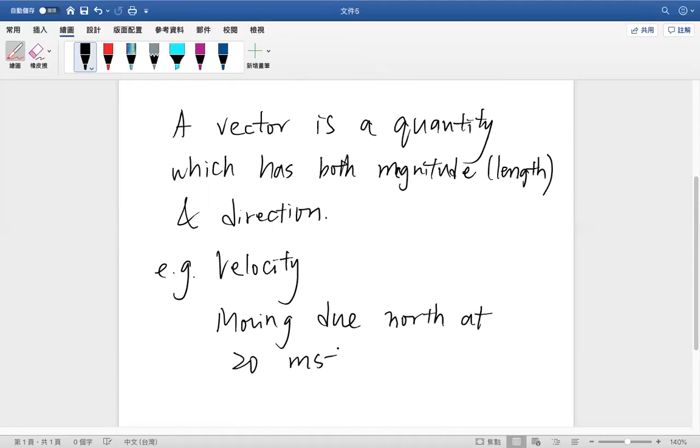Can you tell me what's the magnitude and direction of this vector? What's the magnitude? 20 meters per second. Yes, exactly. That's the magnitude, and then the direction is going to the north. So velocity is a kind of vector.